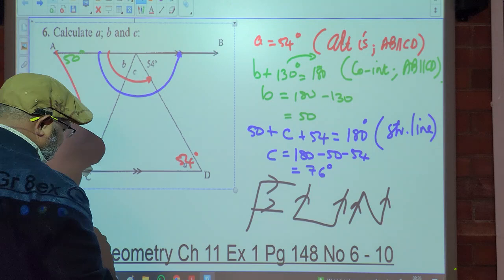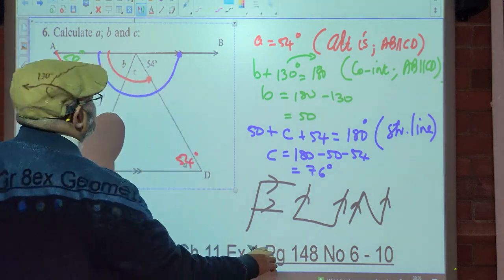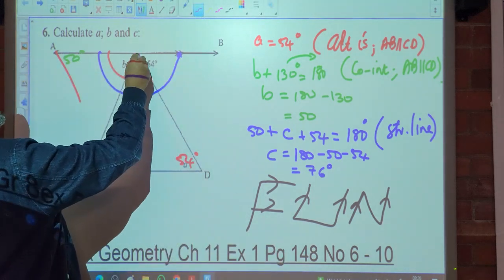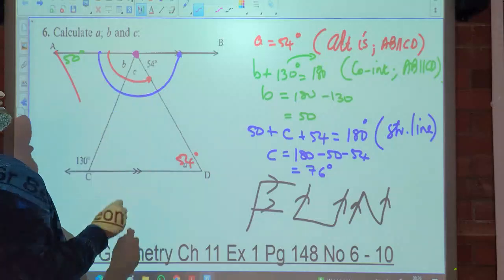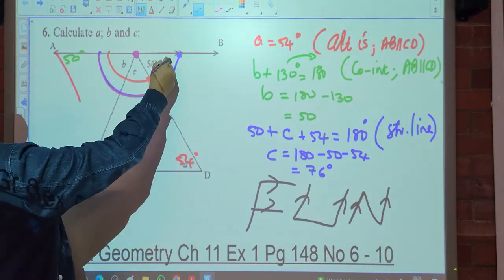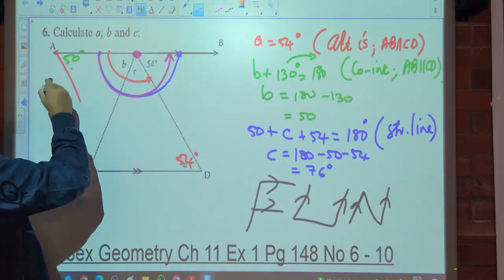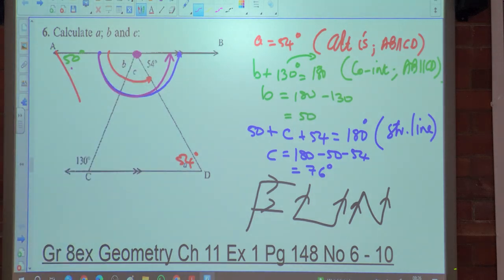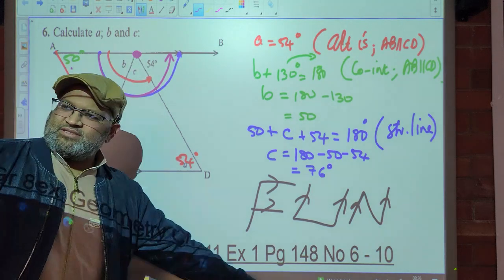No. That's not going to be on a straight line. Only when it's on a straight line it shares a vertex. Remember? And then those are the angles on the straight line. That has nothing to do with that straight line. Okay? Anything else?